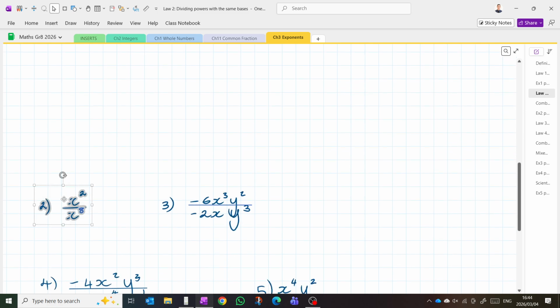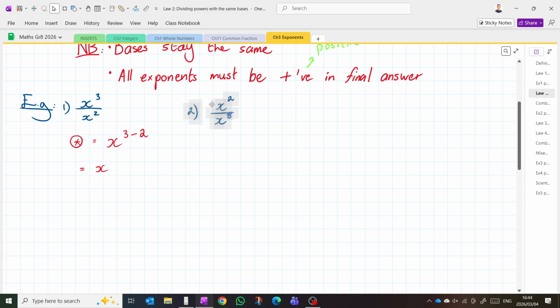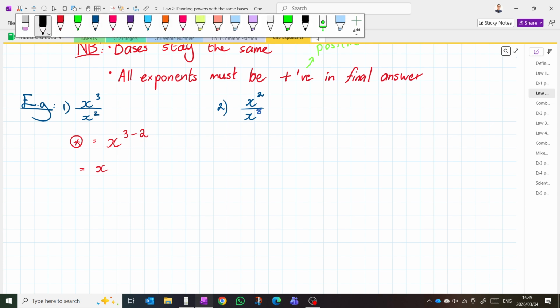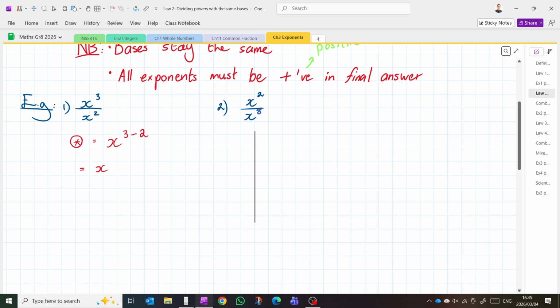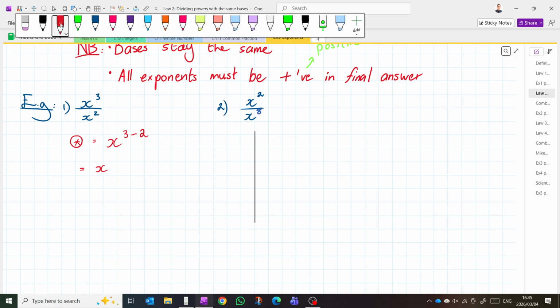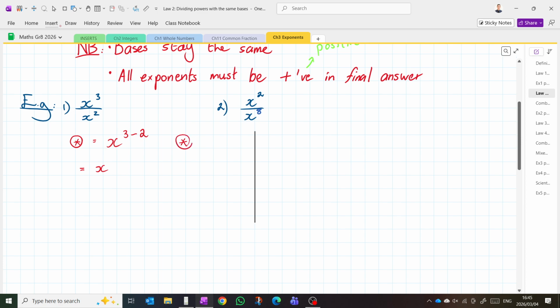Let's have a look at the next one before I show you an easier way to think about this. Alright, we've got x to the power 2 divided by x to the power 8. Again, I'm going to do this one in two different ways because like I said, I'm going to give you an easier way to think about the second law. My little intermediate step, I'm going to apply the law as it says.